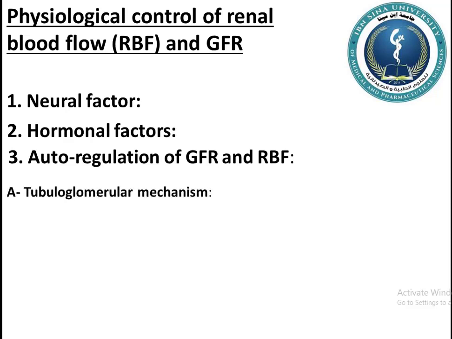The autoregulation has two factors: the tubuloglomerular mechanism and the myogenic mechanism, and there is an included video that discusses these two mechanisms in detail. The tubuloglomerular mechanism is a feedback mechanism from the glomerular filtration rate, with increasing glomerular filtration rate and decreasing solute or filtrate, and one of these filtrate components is sodium.